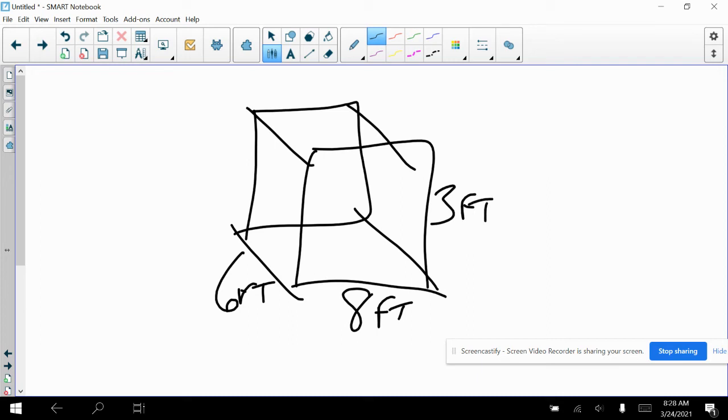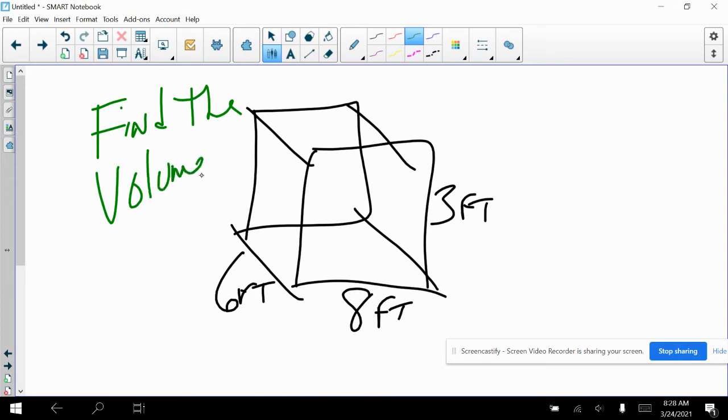This is why you need the label. What if the question just said, find the volume? And they give you a picture. What are you going to do?